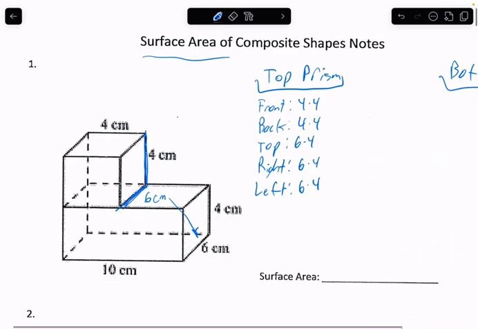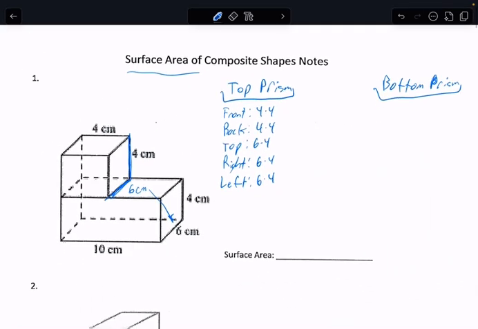Now if we go to the bottom prism, we'll color in the front. We'll color in the back. So the front and the back are going to be the same. We're going to color in the right side here. And then that'll be the same as the left, which is right over here.